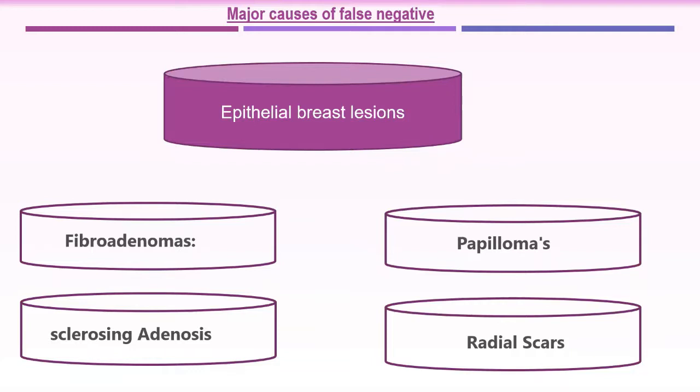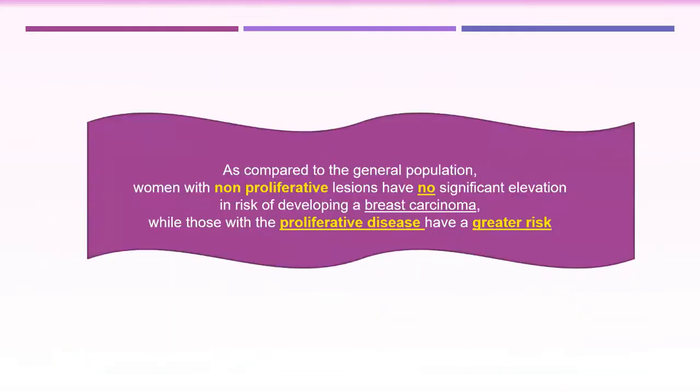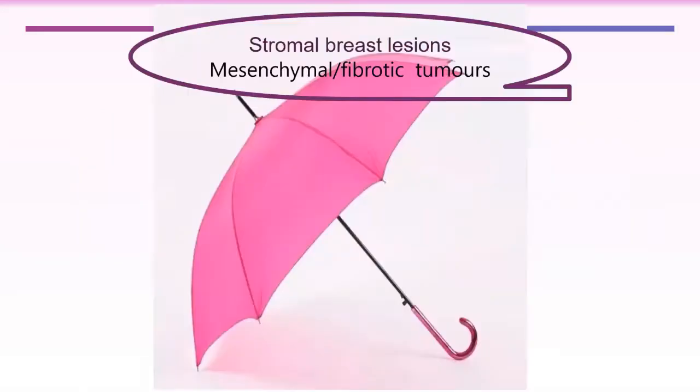The proliferative lesions elevate the risk of breast cancer as compared to the general population. Women with non-proliferative lesions have no significant elevated risk of developing breast cancer, while those with proliferative lesions have a greater risk for breast cancer. Okay, we finished the epithelial.